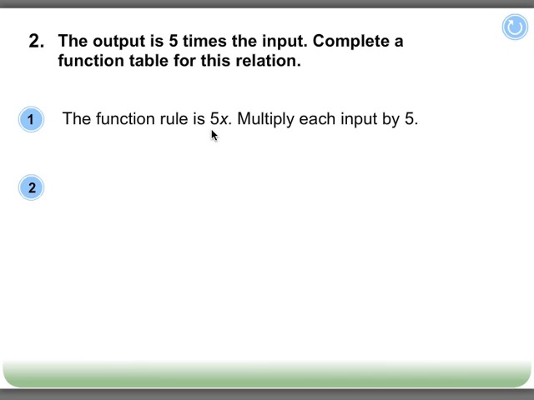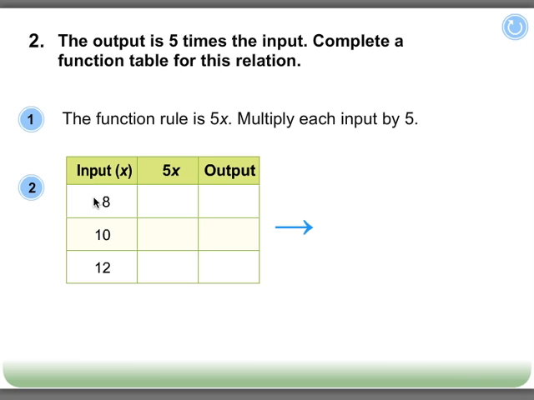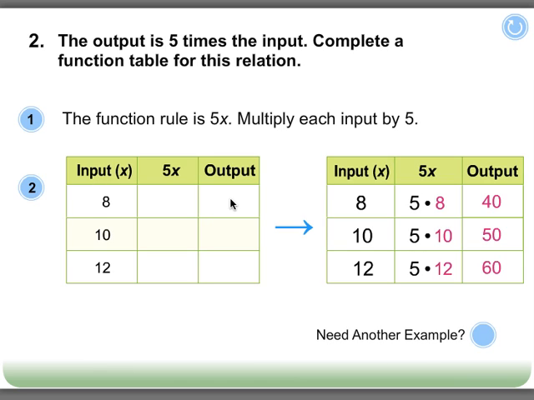So the function rule is 5x, which remember we've talked about is really 5 times x. We just don't put the little dot or an x in there because that gets too confusing. So we're just going to read that as 5 times x. So you multiply each input by 5. Let's make a table. If the input is 8, 5 times 8 would be 40. If the input, or x, is 10, 5 times 10 would be 50, and so on.